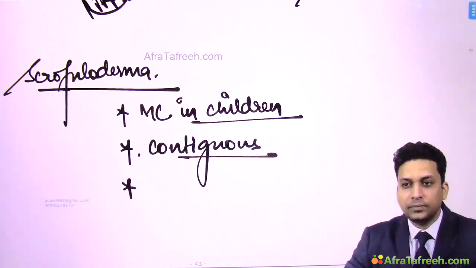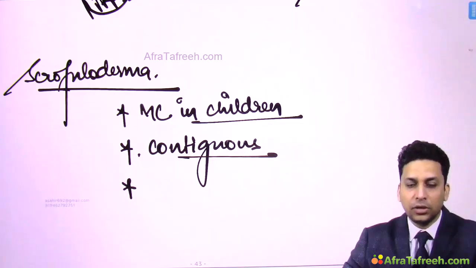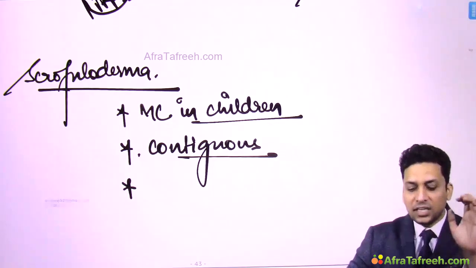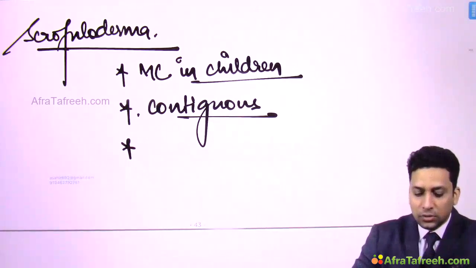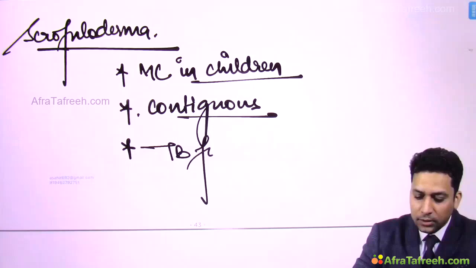So remember, in this type of tuberculosis, involvement of skin occurs due to some underlying tubercular focus. Whenever there is skin involvement in scrofuloderma, there is always some underlying tubercular focus beneath.